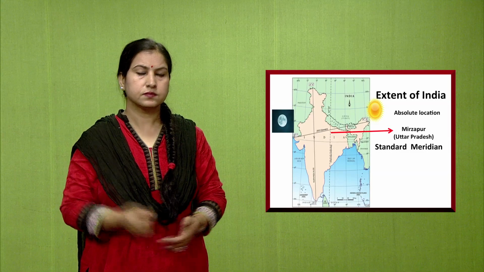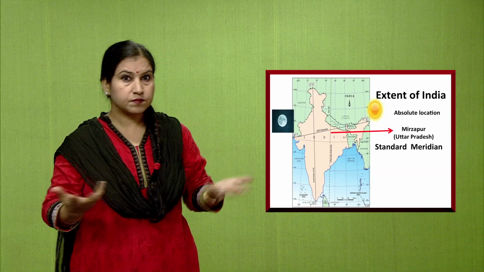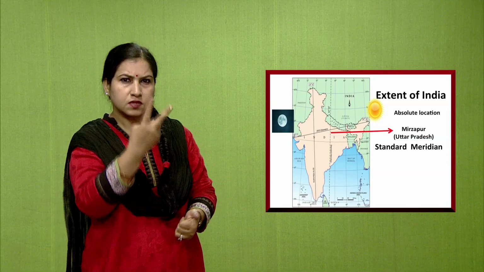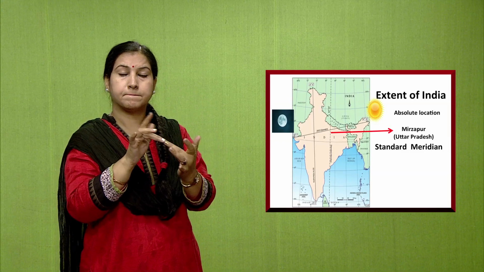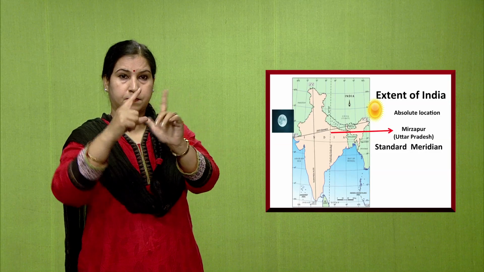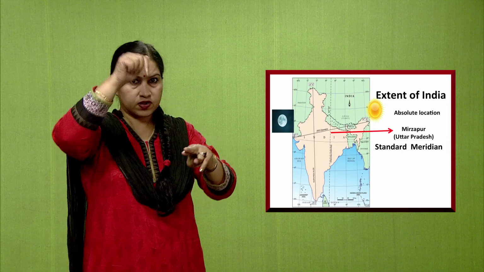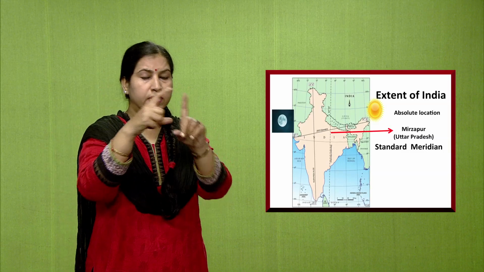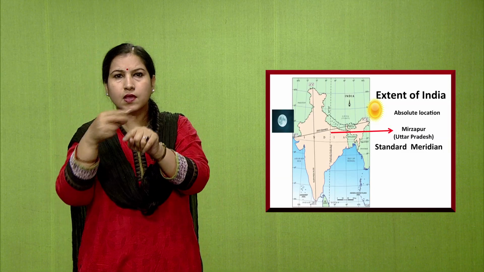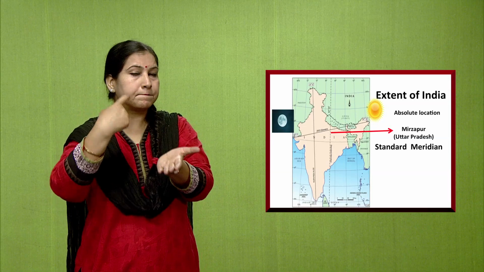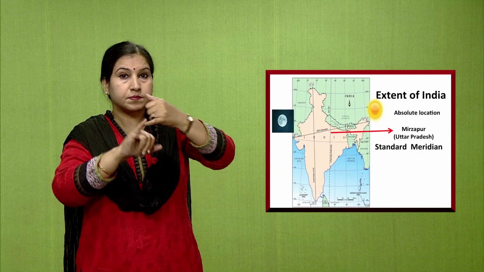If we see the longitude lines, we can see the standard meridian of India. This is the 82 degrees 30 minutes east longitude line. It passes through Mirzapur in Uttar Pradesh and is known as the Standard Meridian of India.